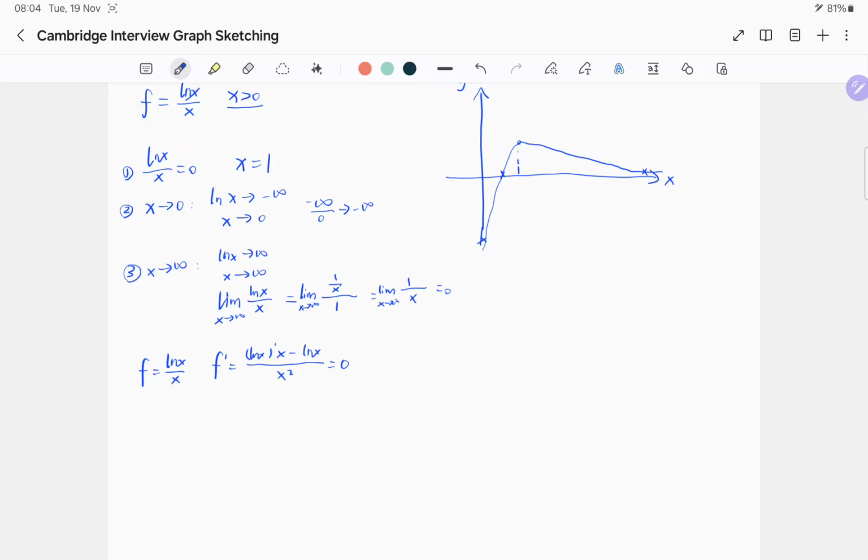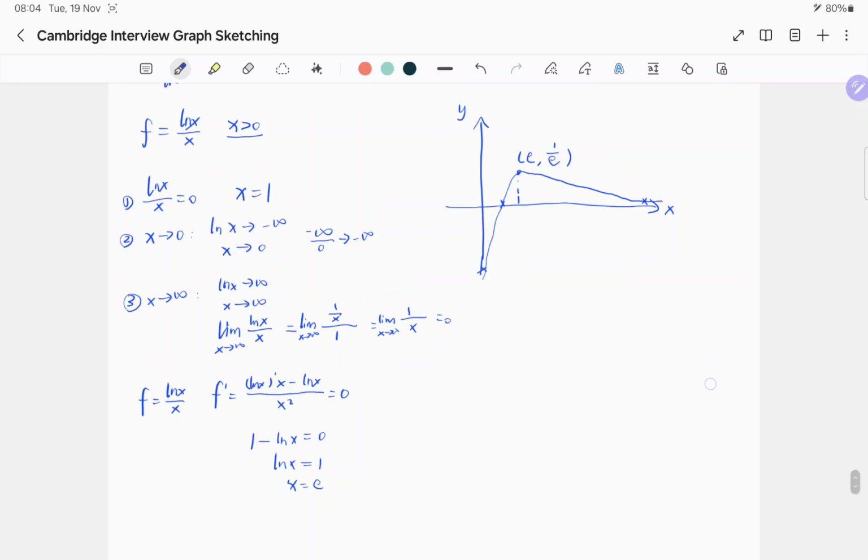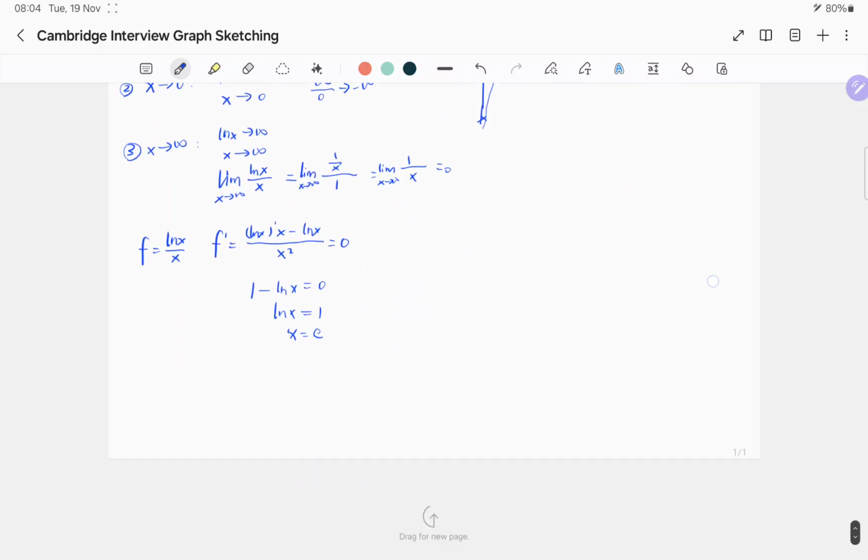Ln x prime is equal to 1 over x. So 1 minus ln x is equal to 0. So ln x is equal to 1, x is equal to e. So at this point, it is e, 1 over e. And this point is the stationary point. So now you get the whole graph.